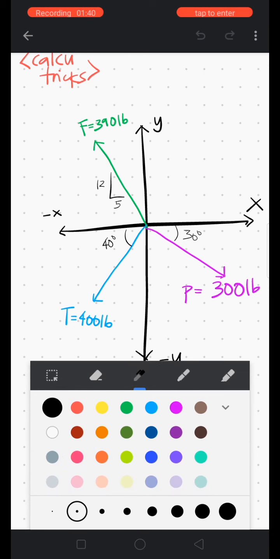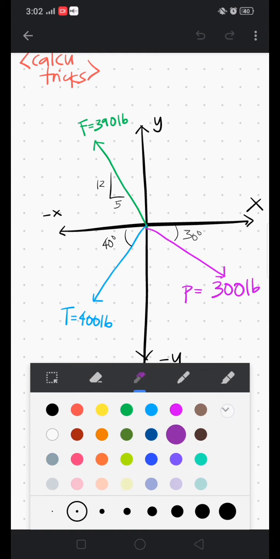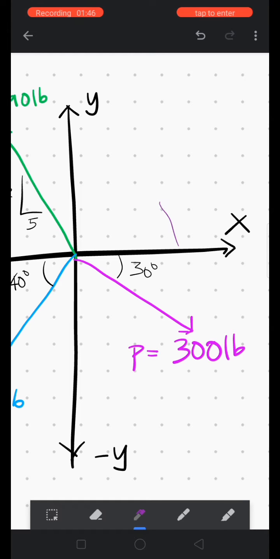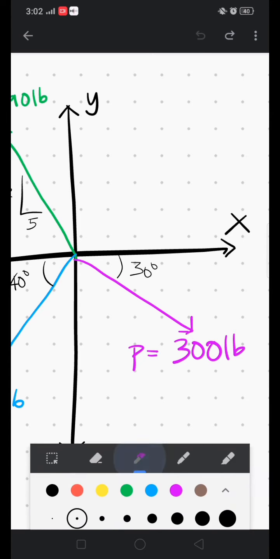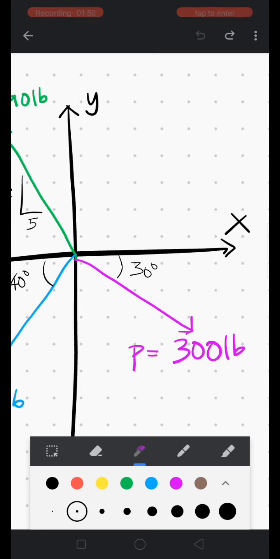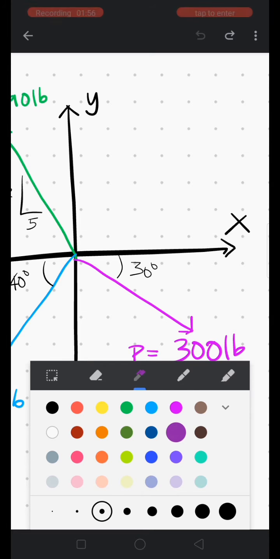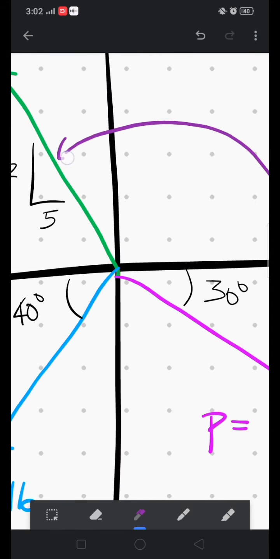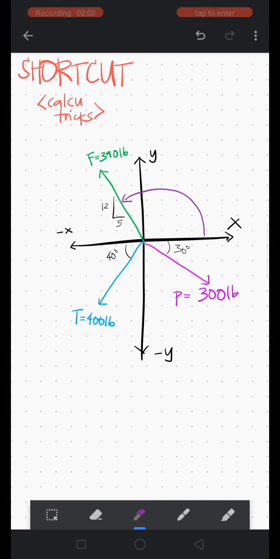The angle that you will use now is the angle from this x-axis, from this very positive direction of the x-axis, towards your force, this time the 390.